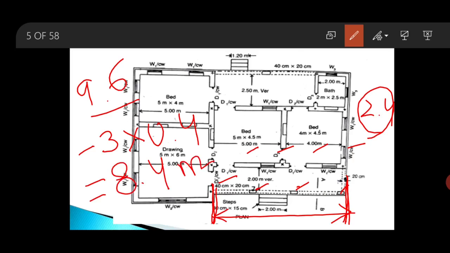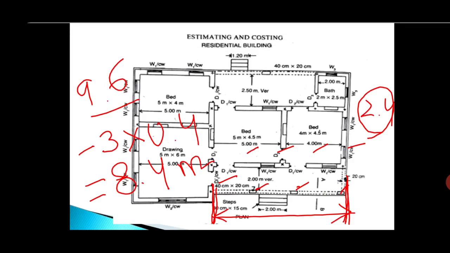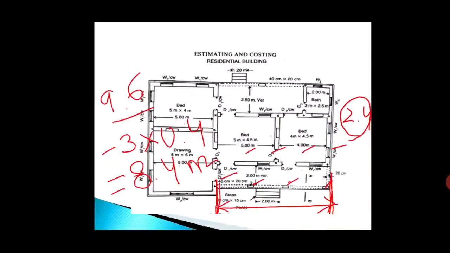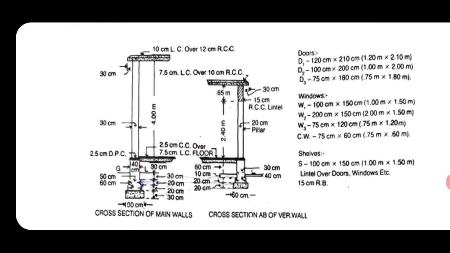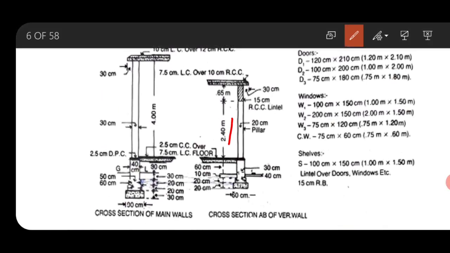That means for this 8.40 meter and a height of 2.40 meter. This is the height of the portion, that is 2.40 meter, for which there is no brickwork. The brickwork is only done for a depth of 0.65 meter, so we will subtract this much of height.